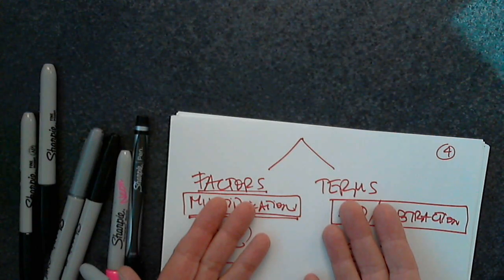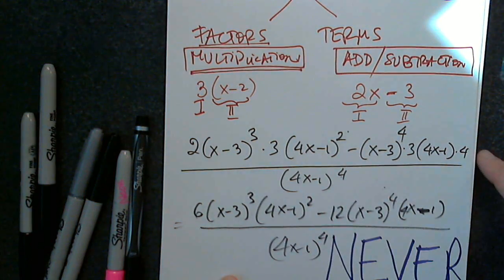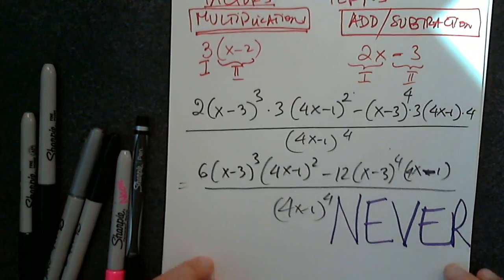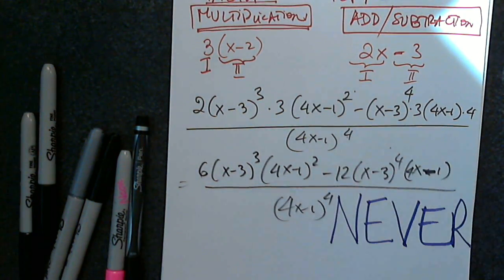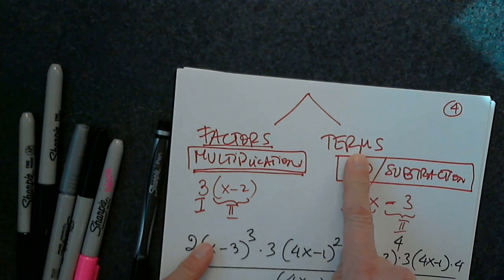Is this a factor in the numerator? No. 4x minus 1 squared is not a factor in the numerator. It's a piece of a term. We're not allowed to simplify terms or pieces of terms.